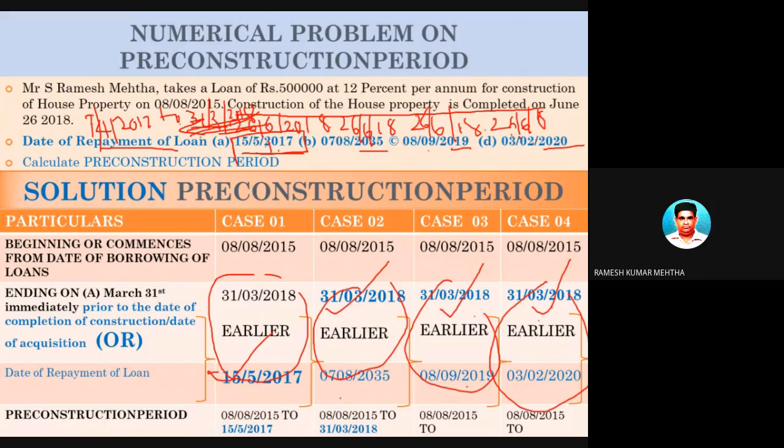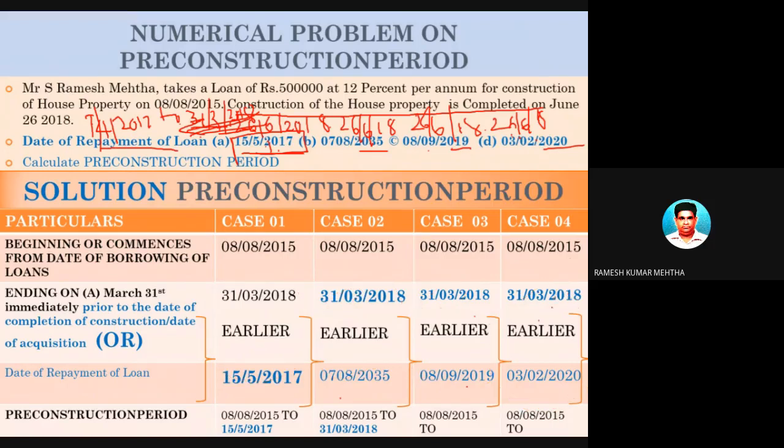So now you have found out the two dates: the starting date and the ending date. The starting date is the date of loan taken, which in all the cases is 8th August 2015. The end date is 15/5/2017 in the first case, and 31st March 2018 in the second, third and fourth cases.